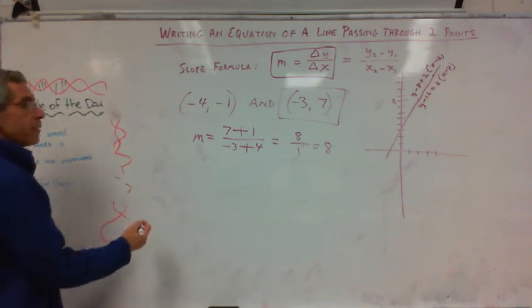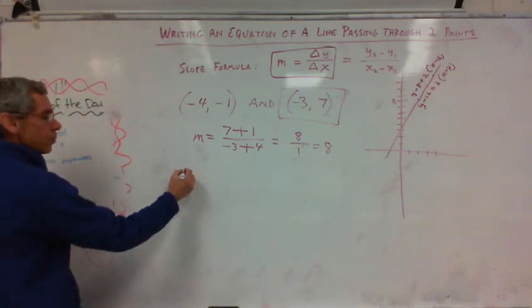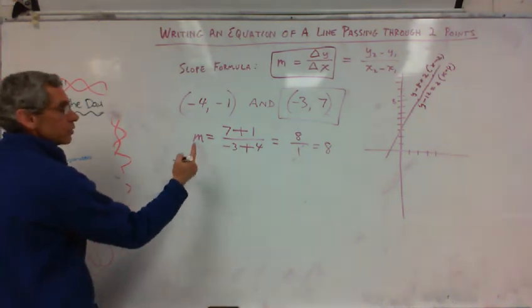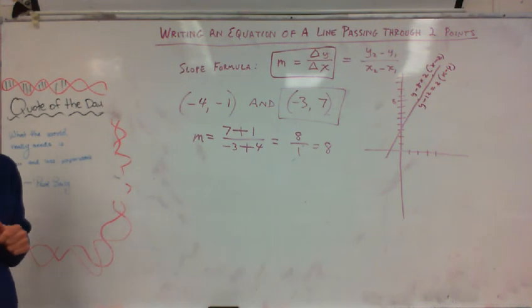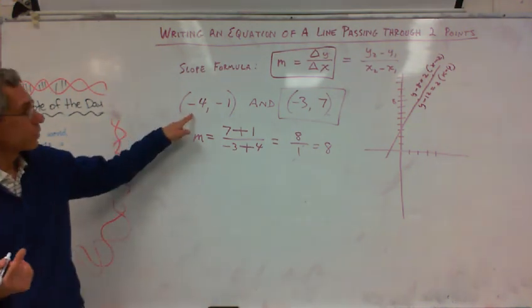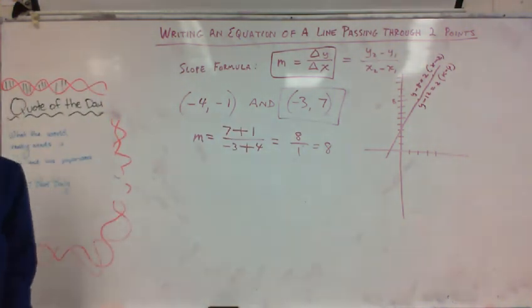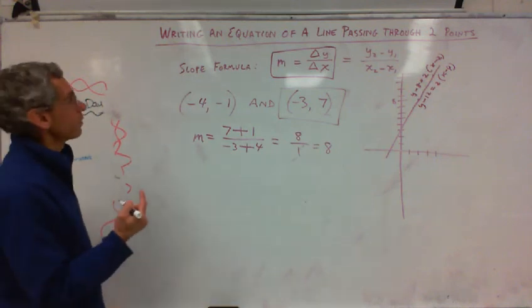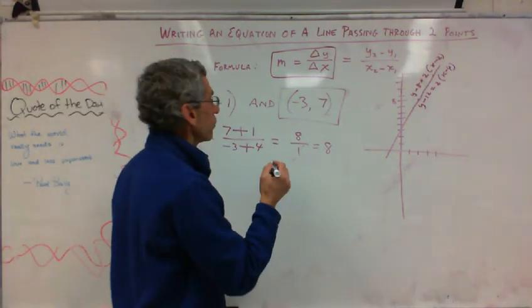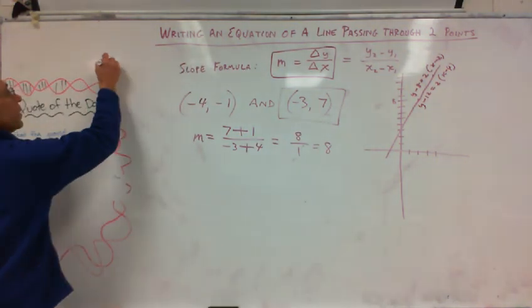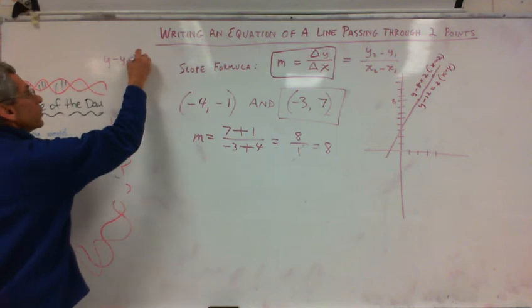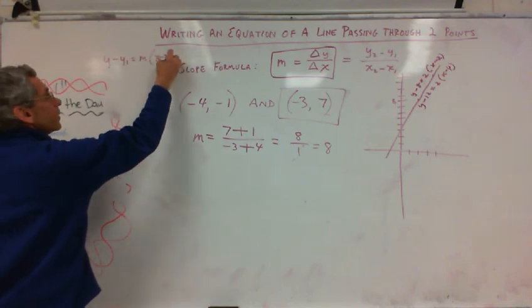Now, Abby, help me with writing the equation of the line using either this point or this point, whichever one you want. I erased my formula, didn't I? y minus y1 is equal to m times x minus x1.